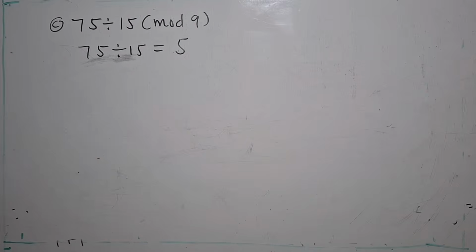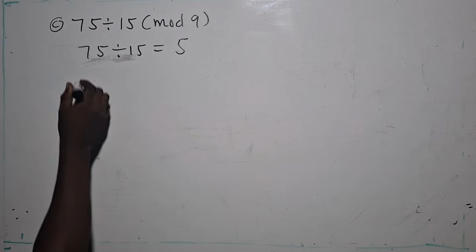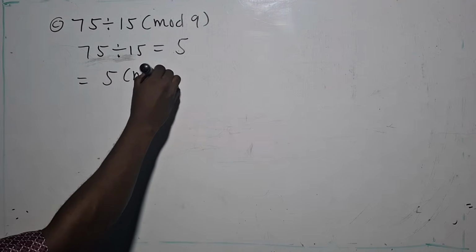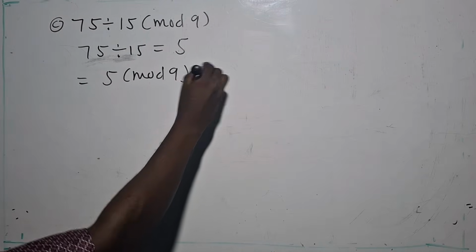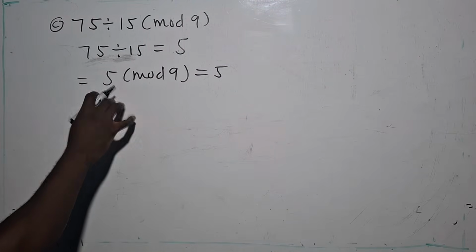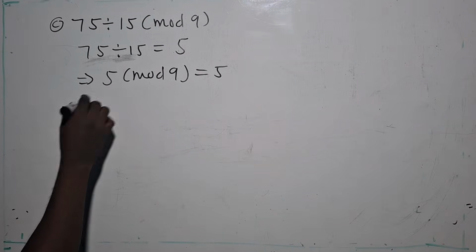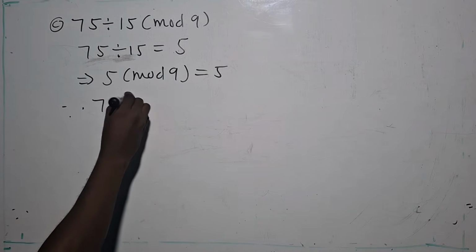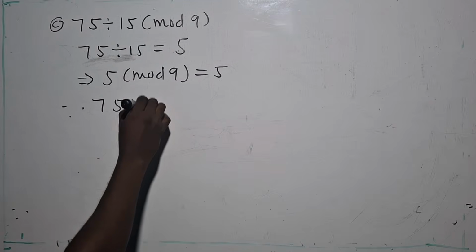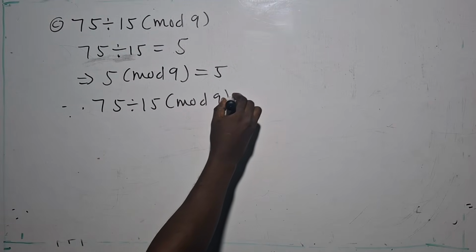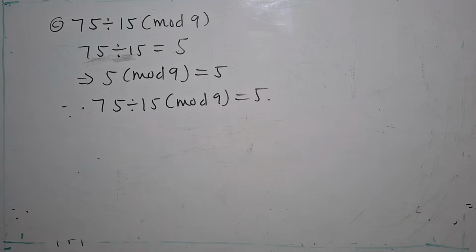There's no need for us to even move forward. So this one means we've gotten 5 mod 9, which is equal to 5, because 5 is lesser than mod 9. So therefore 75 divided by 15 mod 9 is equal to 5.